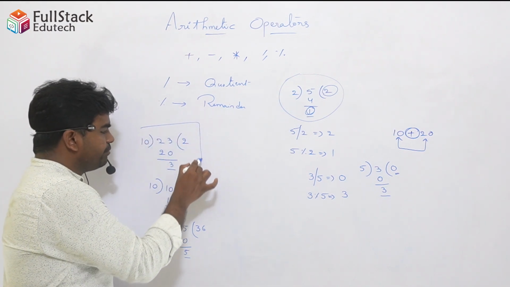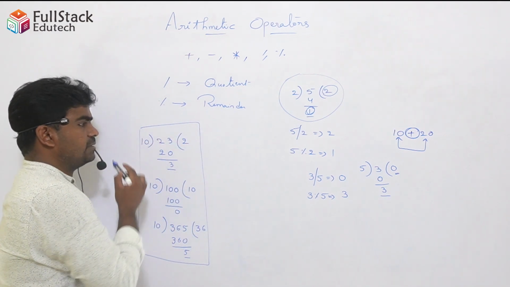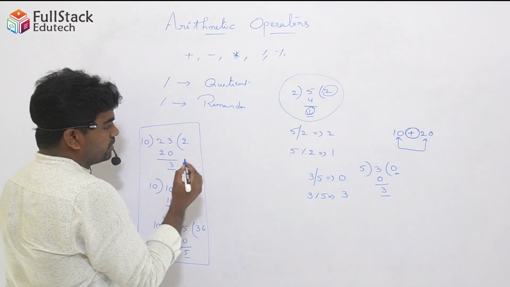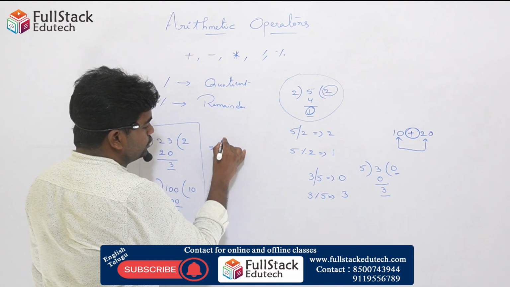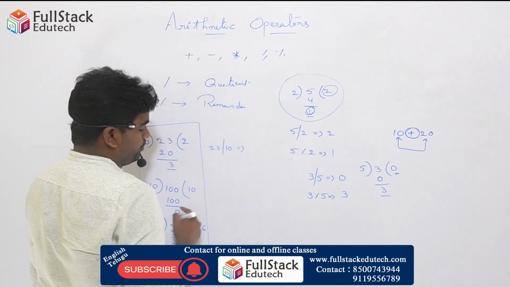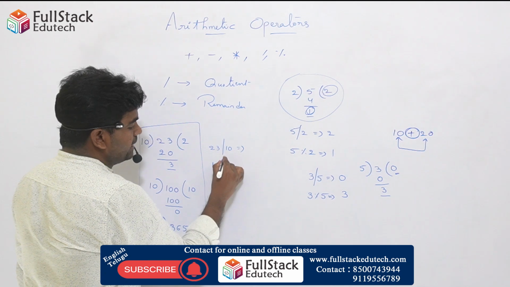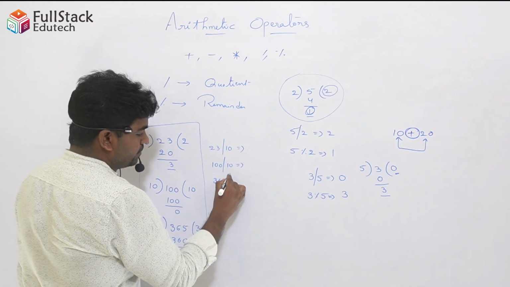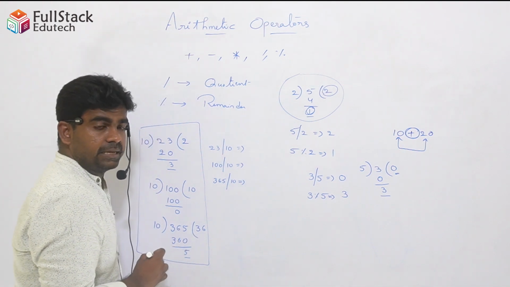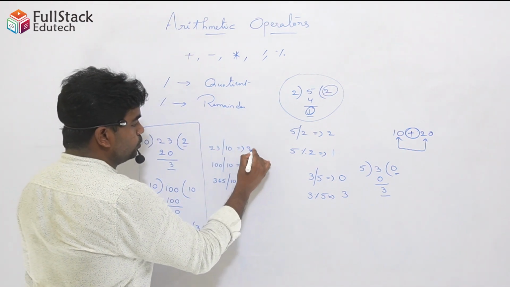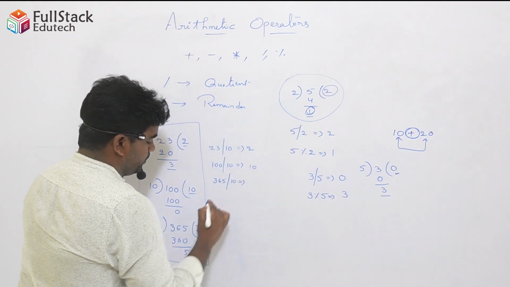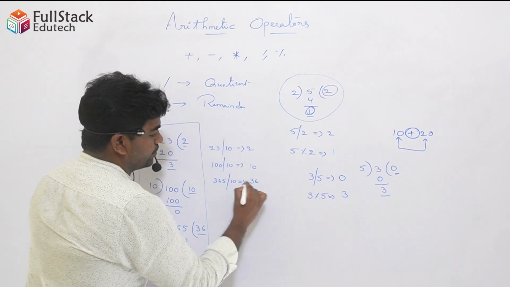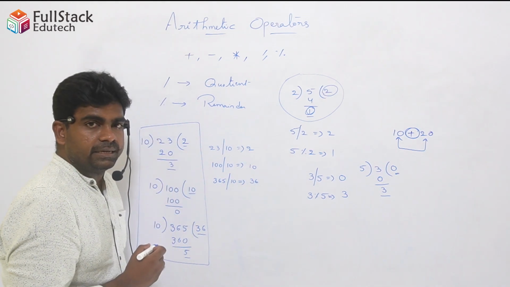What is the use of all these operations? A very important one. When you write 23 by 10, 100 by 10 and 365 by 10, what is the result? The quotients are 2, 10 and 36. See what is happening here.